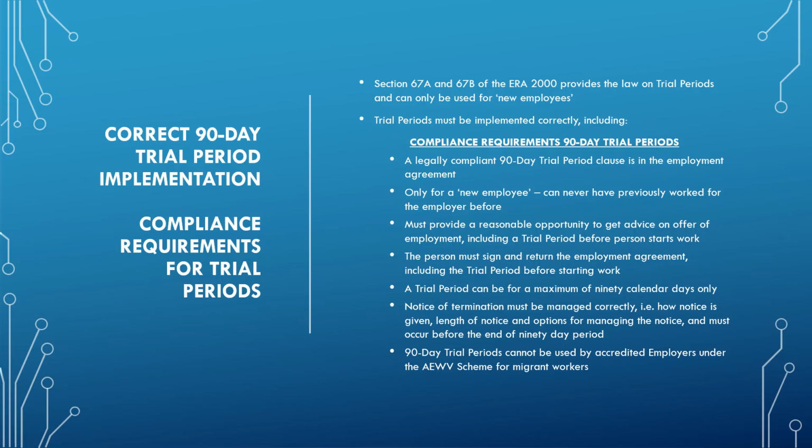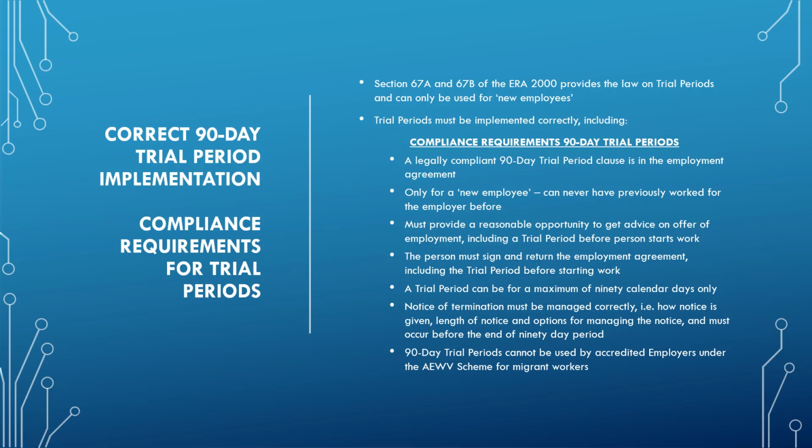The other requirement there is that 90-day trial periods can only be for a maximum of 90 calendar days, not working days, which is something to watch out for and not confuse, particularly when you're giving notice of termination. Bringing me to the second to last point there, that notice of termination must be managed correctly. So how notice is given, the operative notice period or length of notice period, including the options for managing notice.